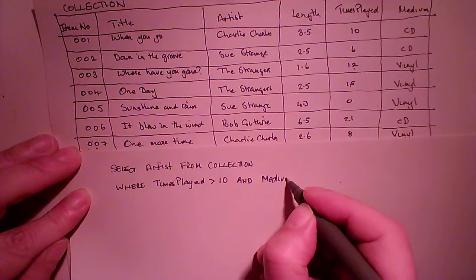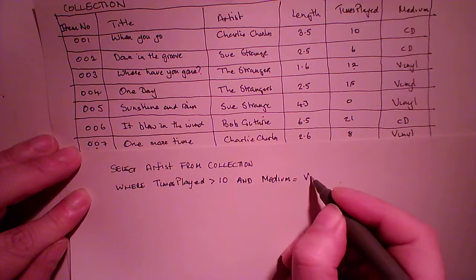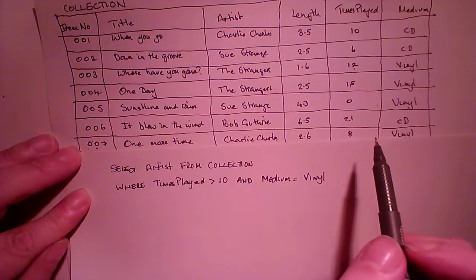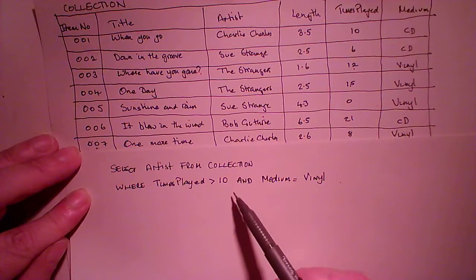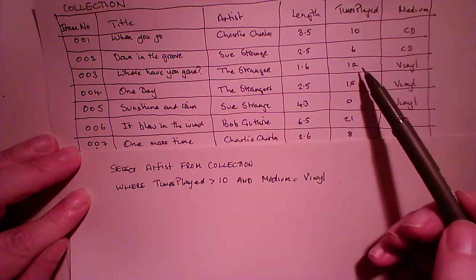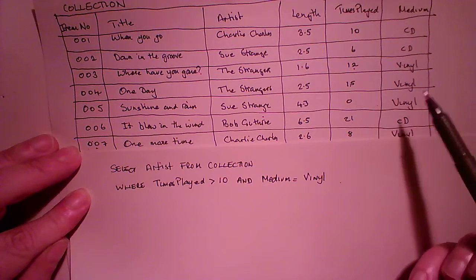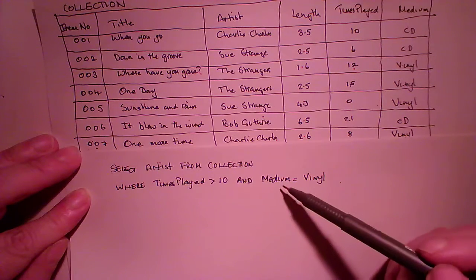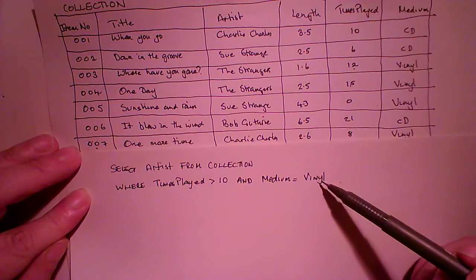Medium equals vinyl. So this time I'm looking for anything that's been played more than 10 times. So that record, and that record, but I've said AND the medium must be vinyl.